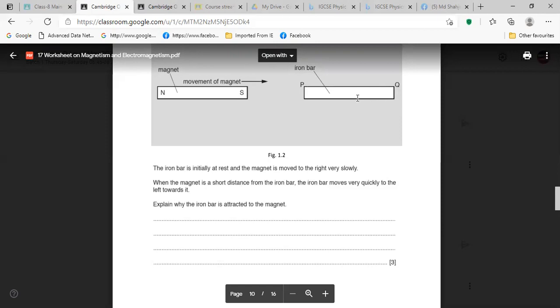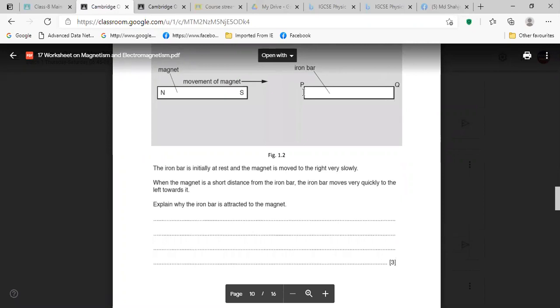Now, as P is north pole and here we have S pole, we are having opposite poles closer to each other. Unlike poles attract, right? We know unlike poles attract each other, one of the properties of magnet.